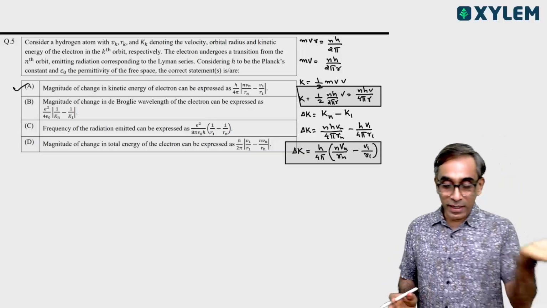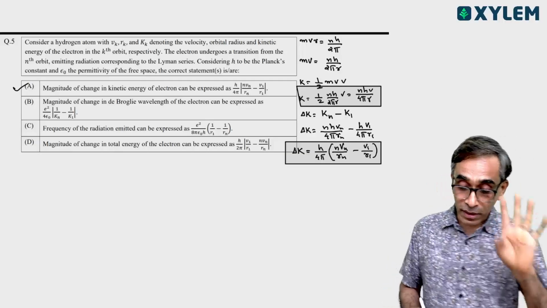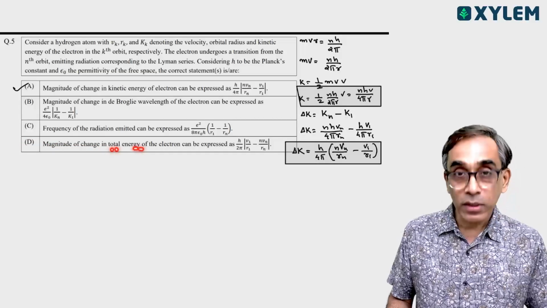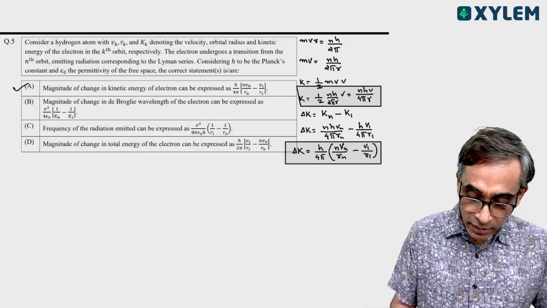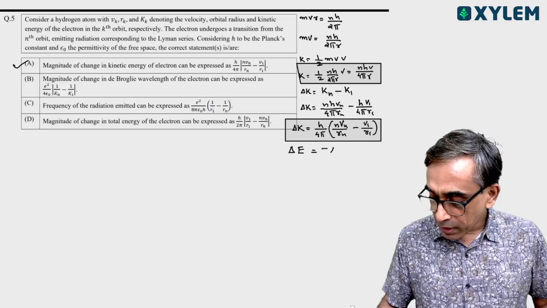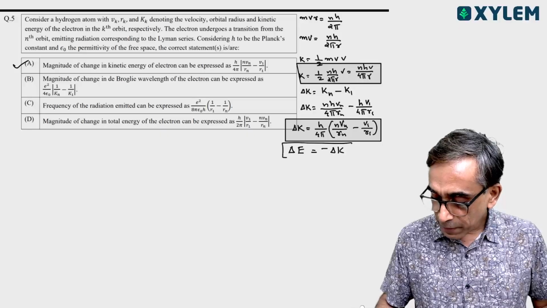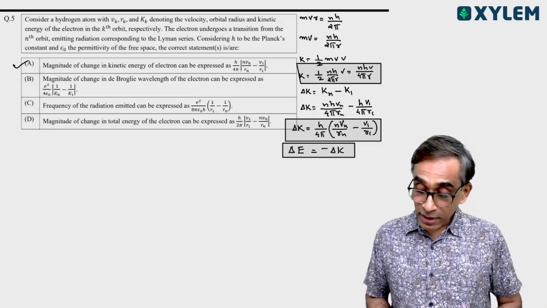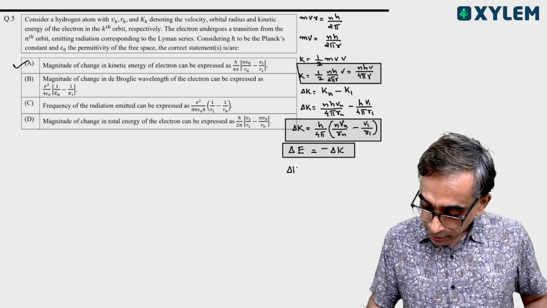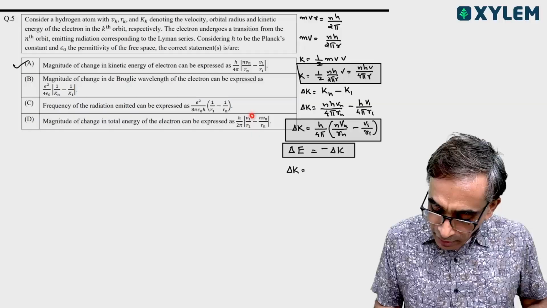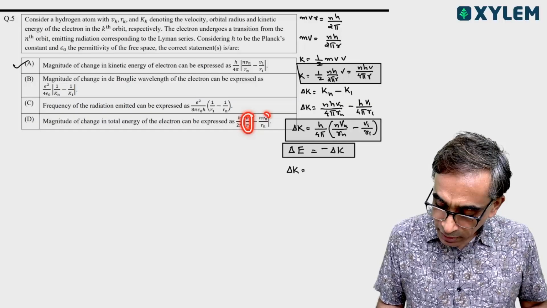Now you can directly jump to option D. What is asked? Magnitude of change in total energy. I can write the change in total energy as minus delta K. Kinetic energy and total energy are related like that. Looking at the order given here, they are taking the first one, then the nth one.